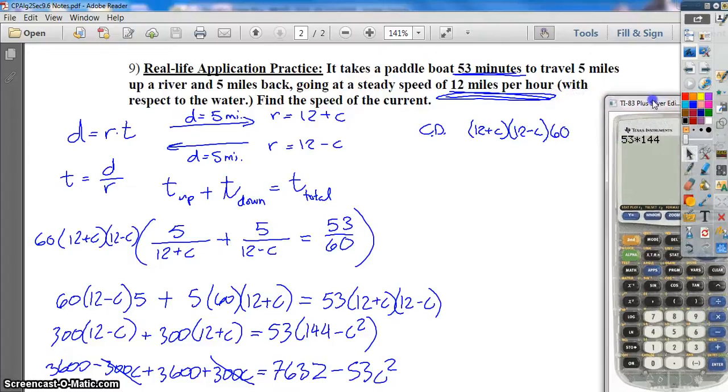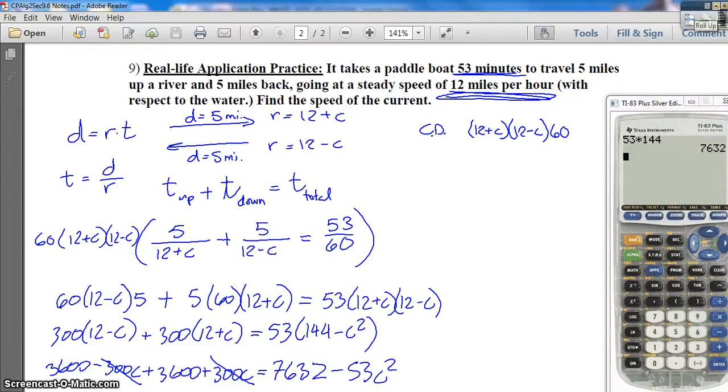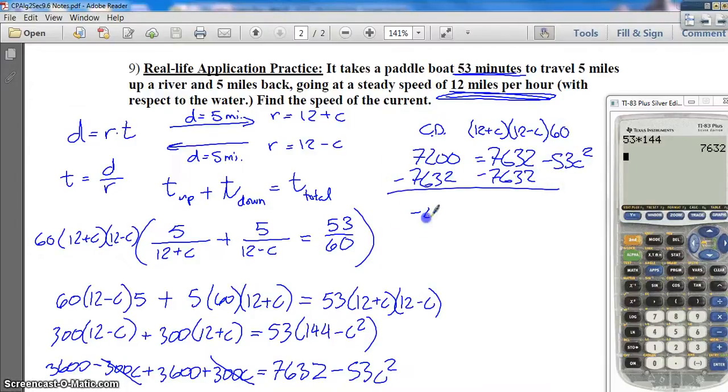So what I'm looking at here is 7200 equals 7632 minus 53C squared. I'm going to subtract 7632 from both sides: negative 432 equals negative 53C squared.